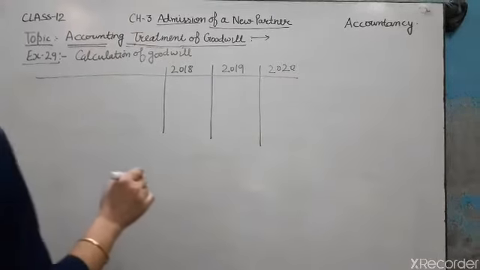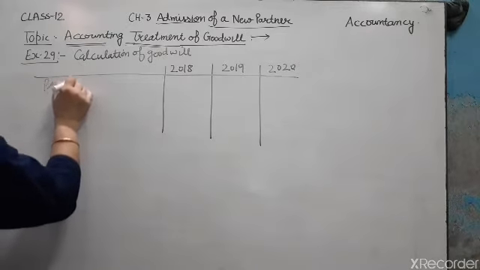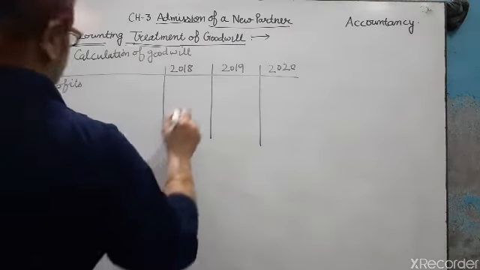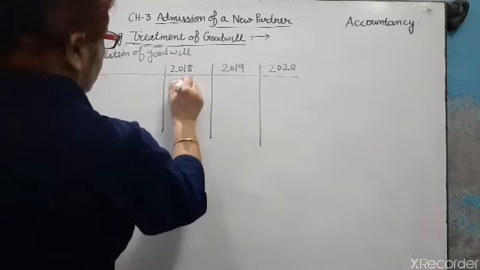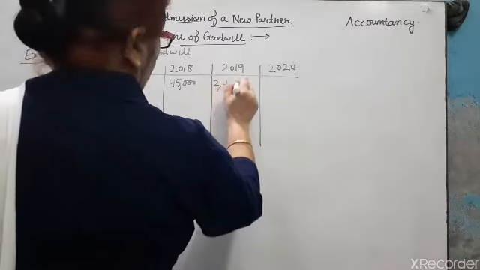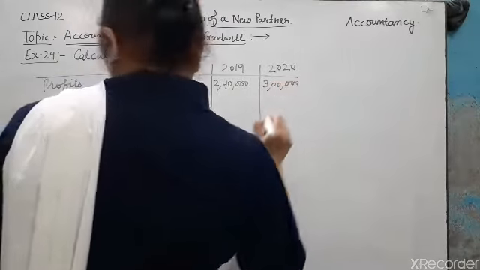First of all, profits: 2018, 45,000; 2019, 2,40,000; and 2020, 3 lakh rupees.